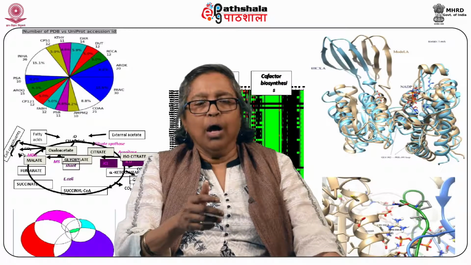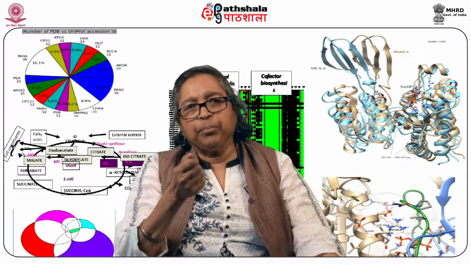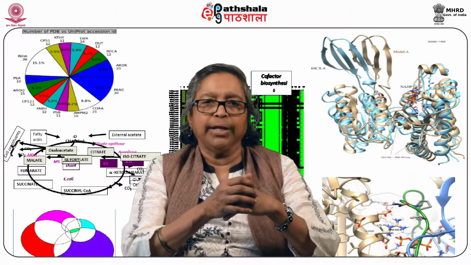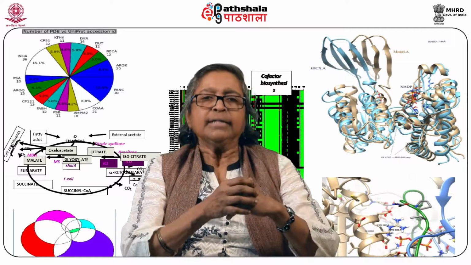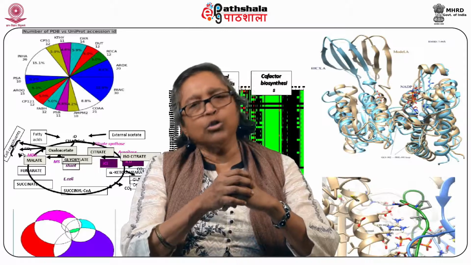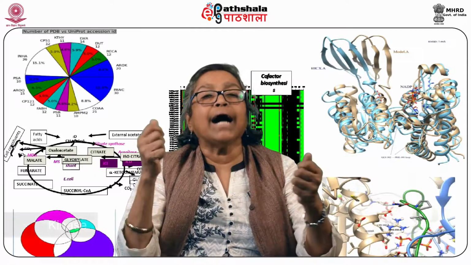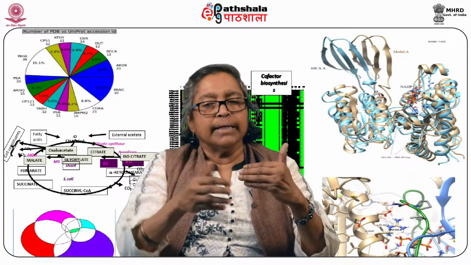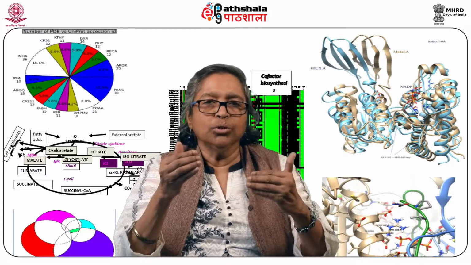Once we know how the protein acts onto itself, and it's a homodimer protein, IDH or ICDH, we are also aware now how the kinase will interact with it. So this is the next part. We'll discuss that.